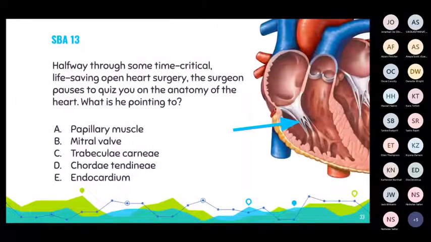Cheeky bit of anatomy. Look right at the point of the arrow.